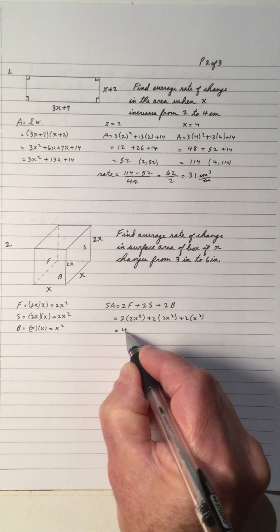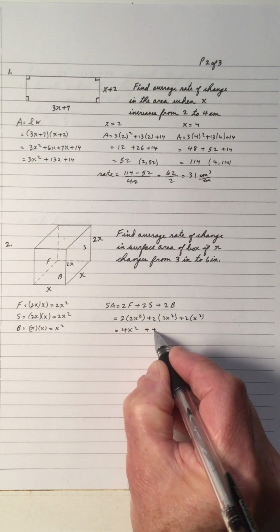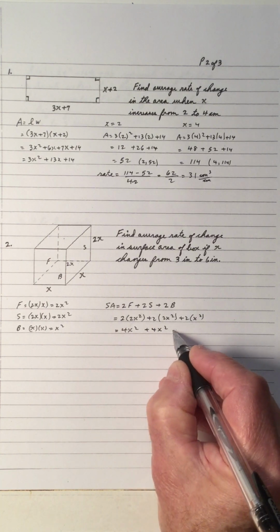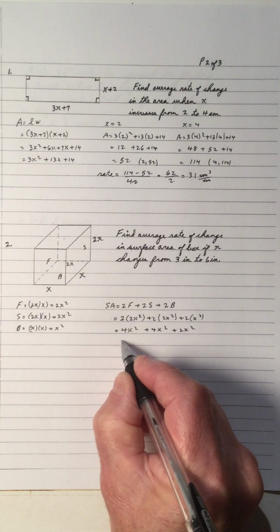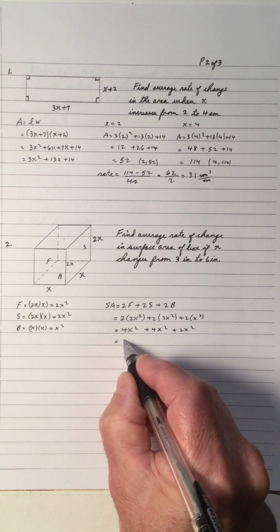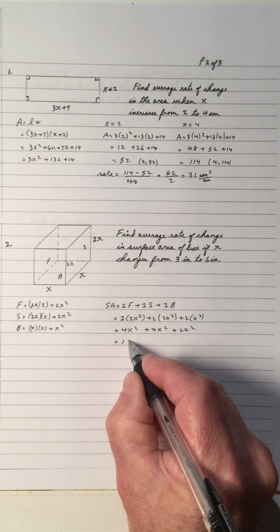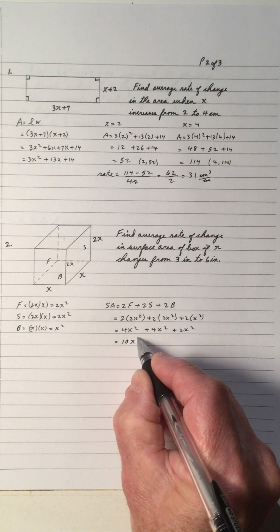So that gives us 4x squared for the front and back, because they're the same, and 2x squared. So all together the surface area, 4 plus 2, is 10x squared.